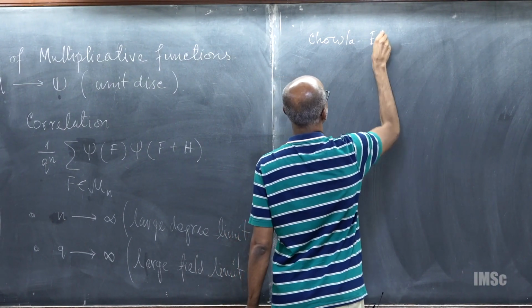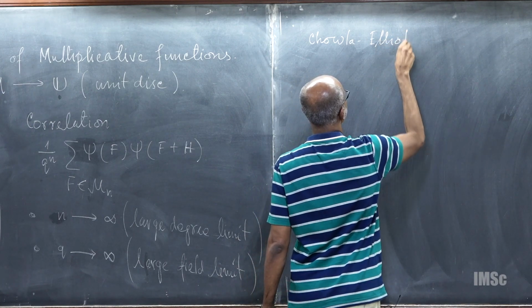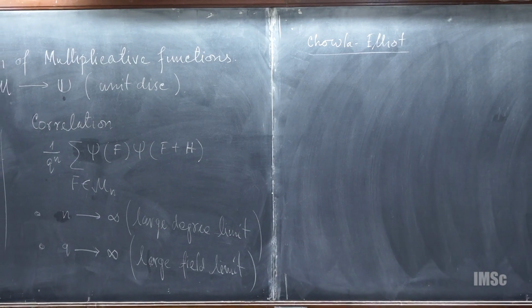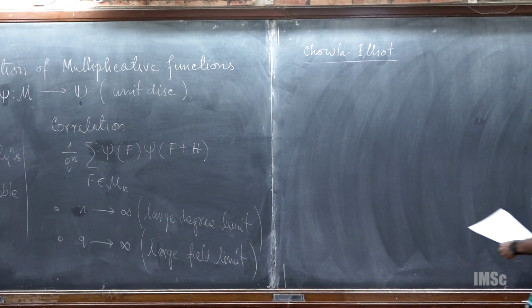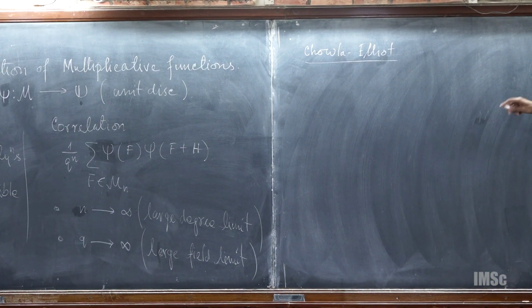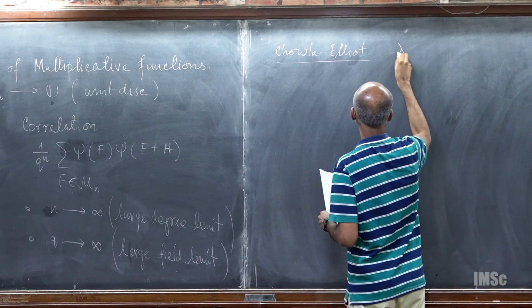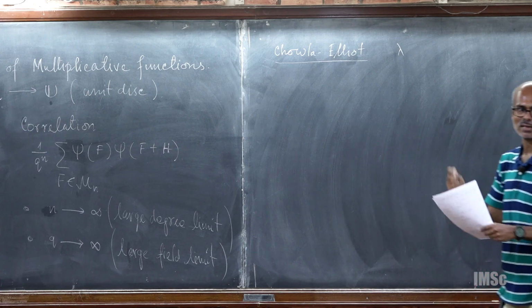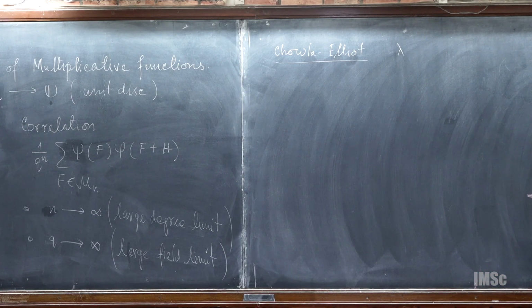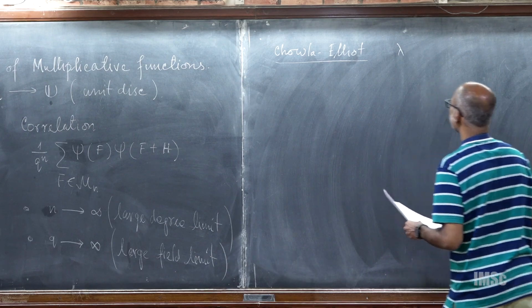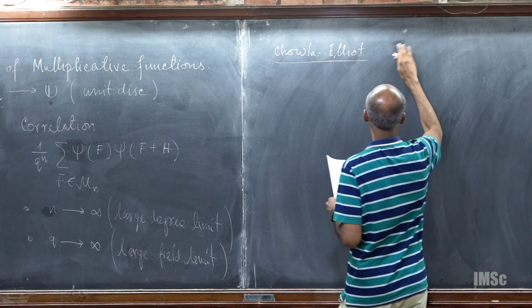I'll call it Chowla-Elliott, the general versions. I'm not stating the theorem. The Liouville function is defined in exactly the same way. Because you have an analog for everything, for primes, prime factors, everything, you can define it in the same way.